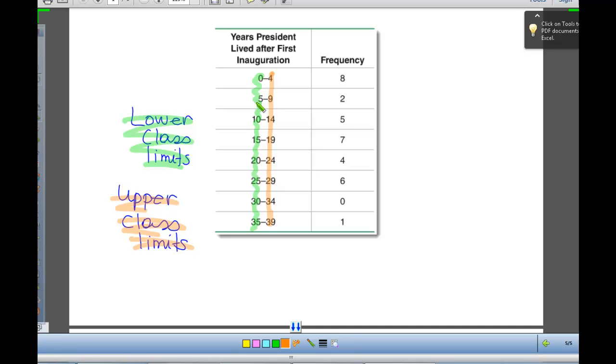So the class boundary is the value halfway between the upper class limit and the next lower class limit.